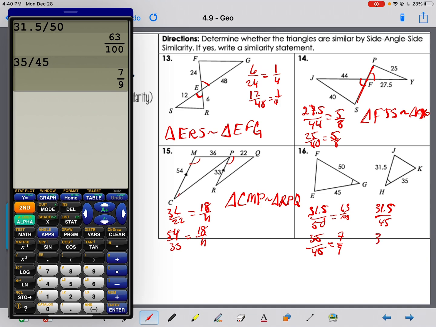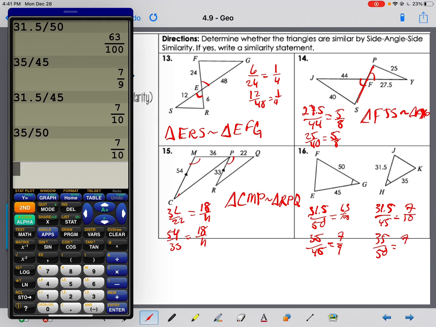What if we do 31.5 over 45 and 35 over 50? 31.5 divided by 45, 7/10. And 35 divided by 50, 7/10. Aha! So not that way, but this way.